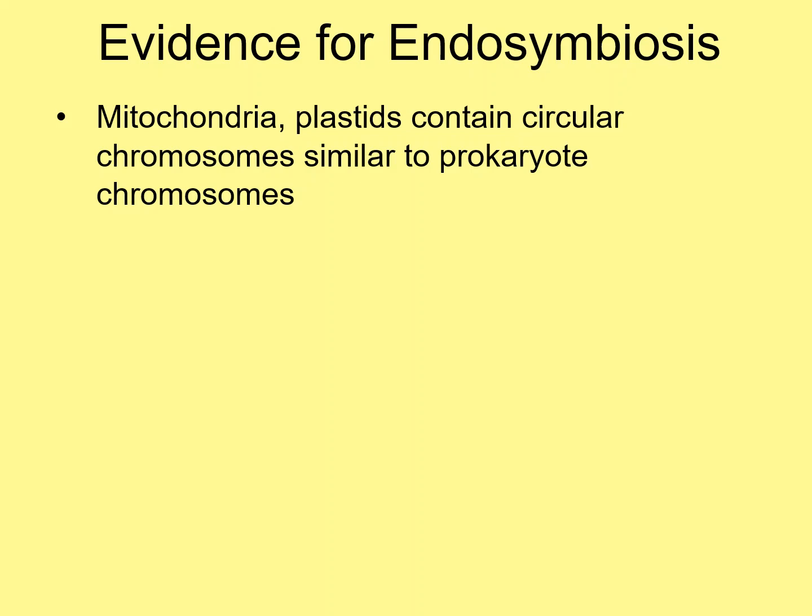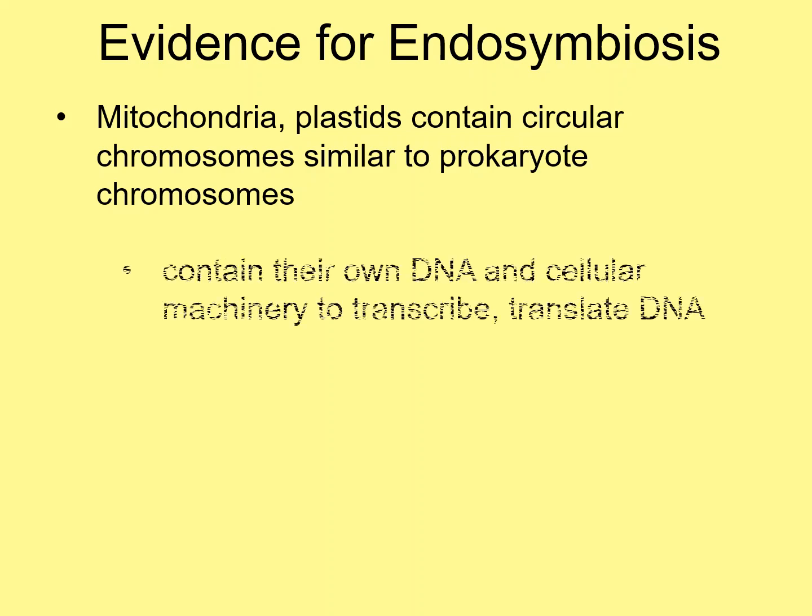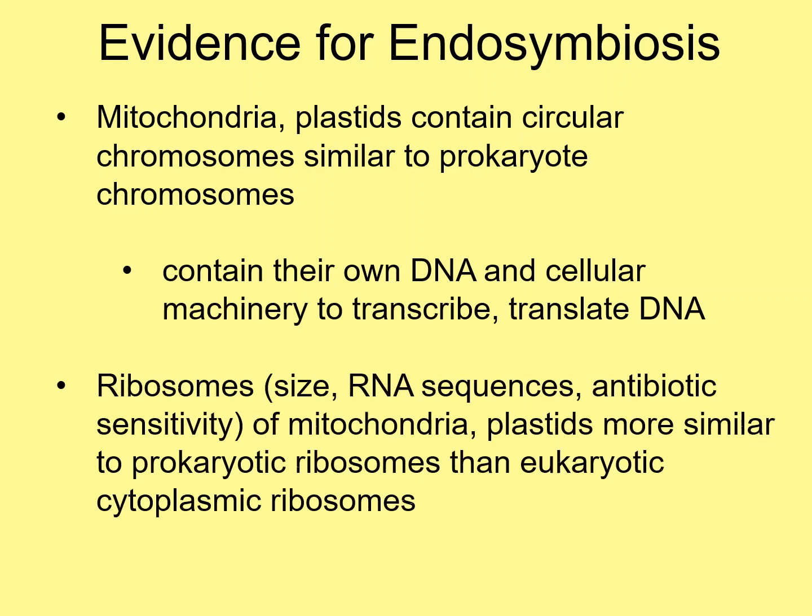They can't make mitochondria. So not only do mitochondria contain their own DNA and their own ribosomes, but the genome is a circular chromosome, which is like prokaryotes, right? We talked about last time one of those changes that occurred very early on in eukaryote cell evolution: going from a circular genome to a linear genome.